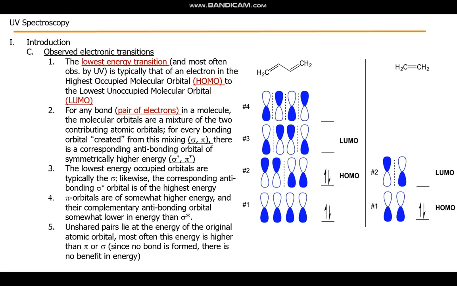Observed electronic transitions, we have here two examples of 1,3-butadiene and ethene. The usually electronic transitions take place from the highest occupied molecular orbitals to the lowest unoccupied molecular orbitals. The highest occupied molecular orbitals and lowest unoccupied molecular orbitals are shown here for the 1,3-butadiene and ethene.